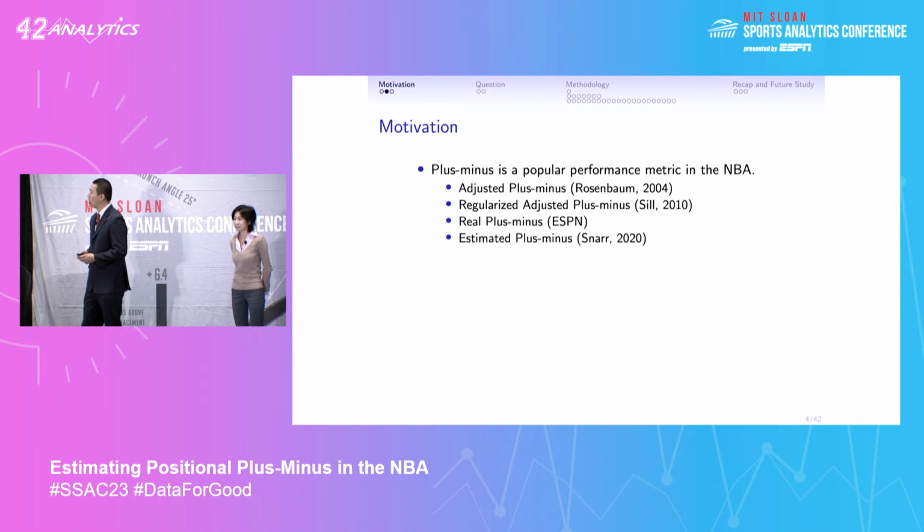For example, in 2004, Rosenbaum developed something called adjusted plus-minus. In 2010, Coe created something called regularized adjusted plus-minus. And later on, ESPN launched real plus-minus, and more recently, we have Snarr created estimated plus-minus.